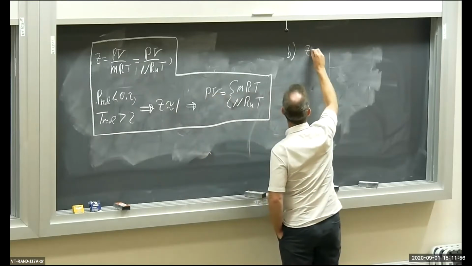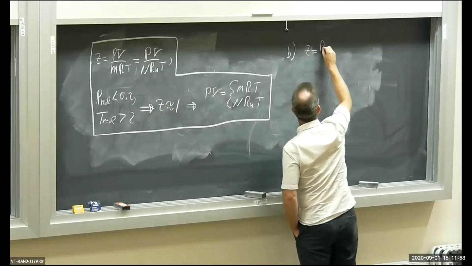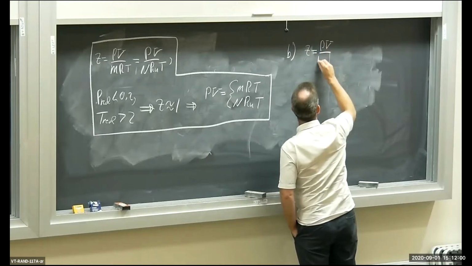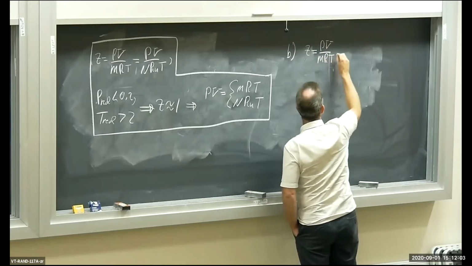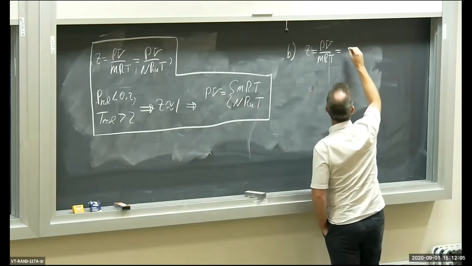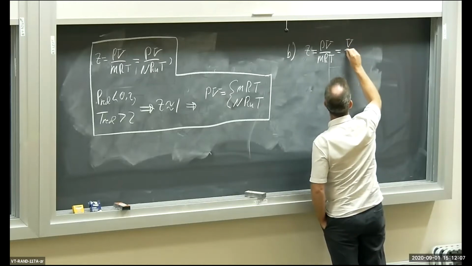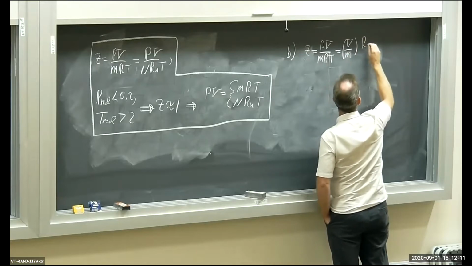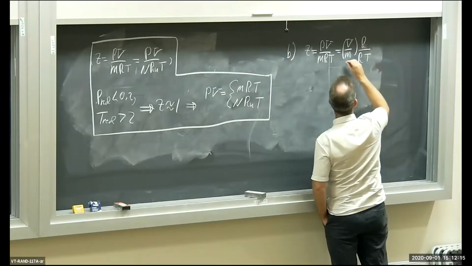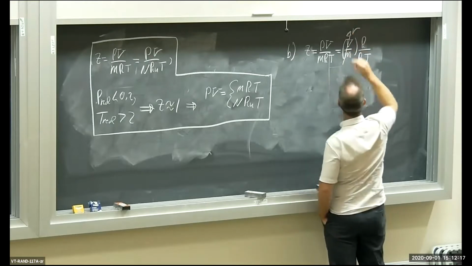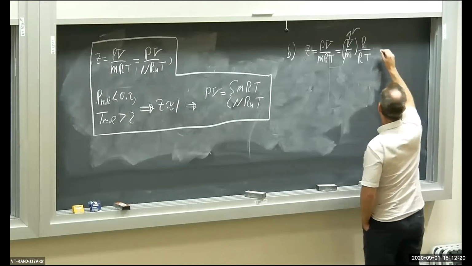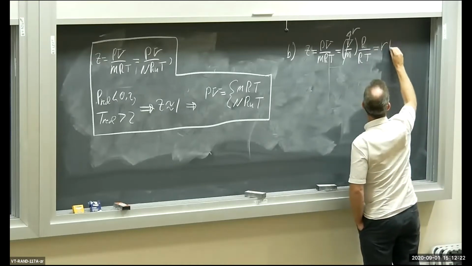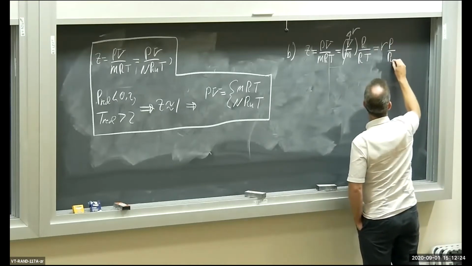I'm going to write Z is equal to PV over mRT, and then I'm going to group the volume and the mass together, and I get volume over mass, and then I have P over RT. Now this, of course, is specific volume.